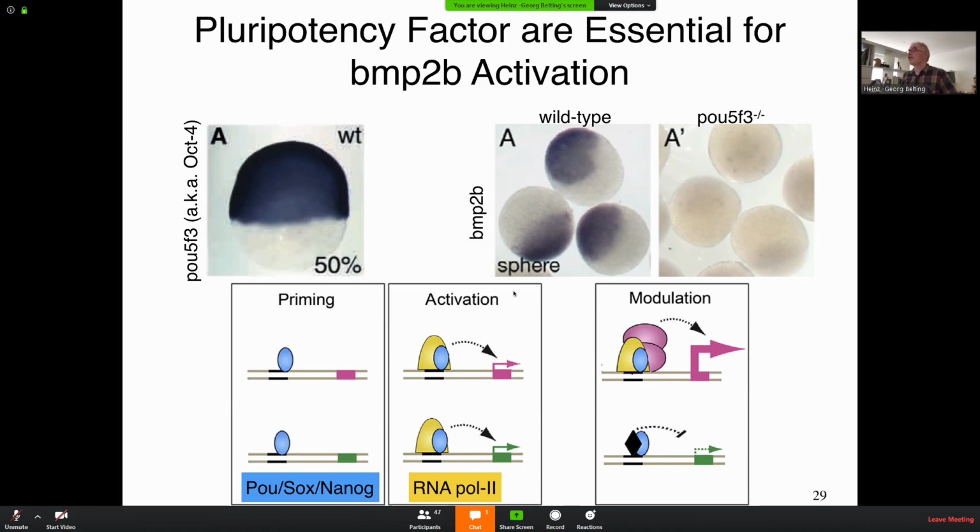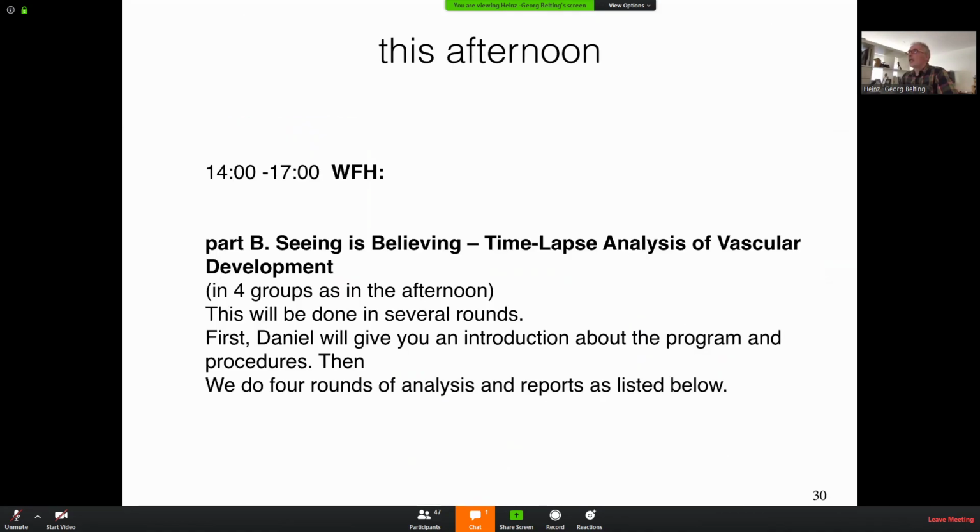You need Oct4 to kick off BMP2 expression at MBT, and that allows then the formation of the gradient, etc. And this is it for now.